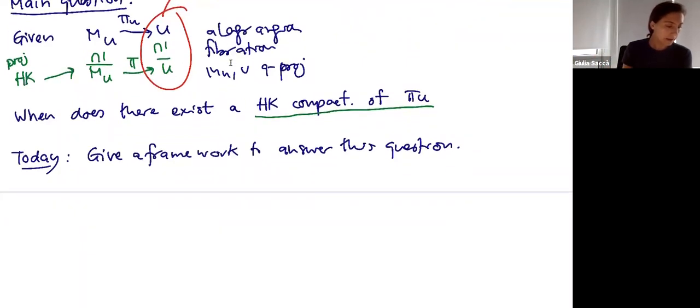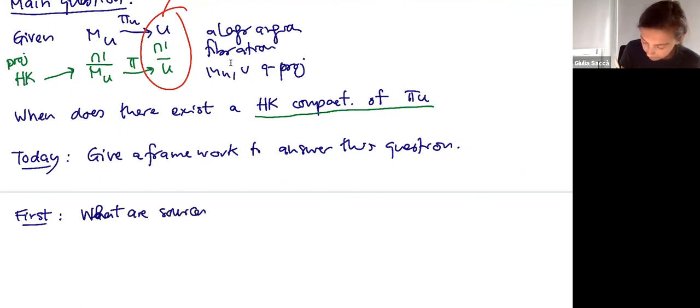Okay. And so before I do that, I should first say what are sources of these Lagrangian fibrations like this, whose total space are quasi-projective.